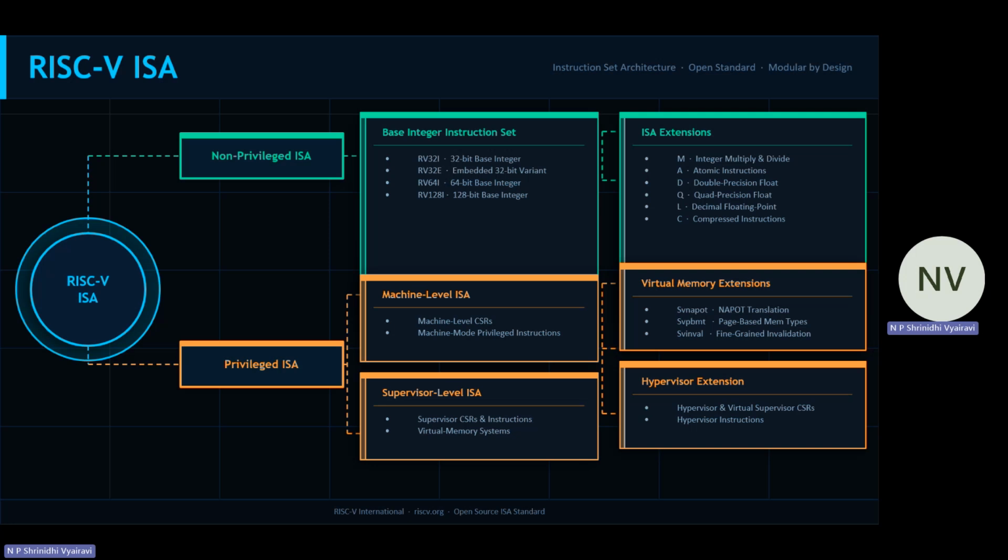S stands for supervisor mode, which goes beyond the normal instruction set with the extensions you have. You also have virtual memory access. And machine mode is the top tier mode with hardware level control. So RISC-V is divided into non-privileged and privileged depending on the control you are given, because you want privacy, you want security.